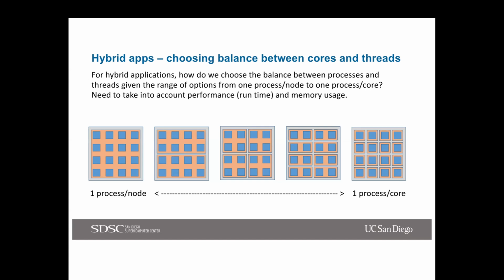That's the general sweet spot, because if you look at the physical design of the processor itself, there's 128 cores per node, 64 cores per processor, but each 64 core processor is divided up into 8 chiplets.